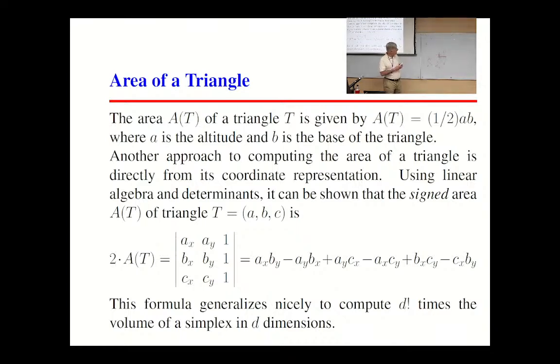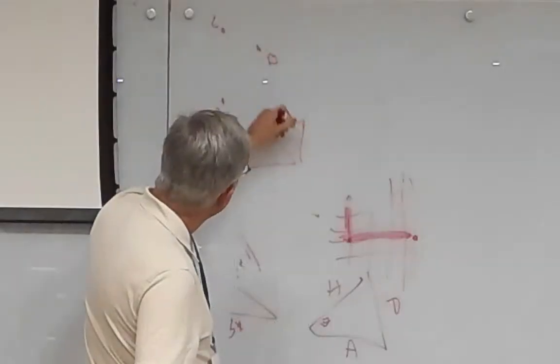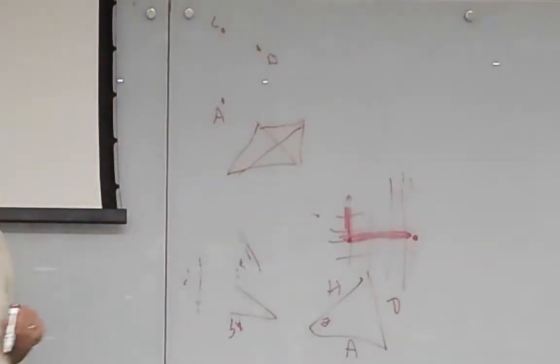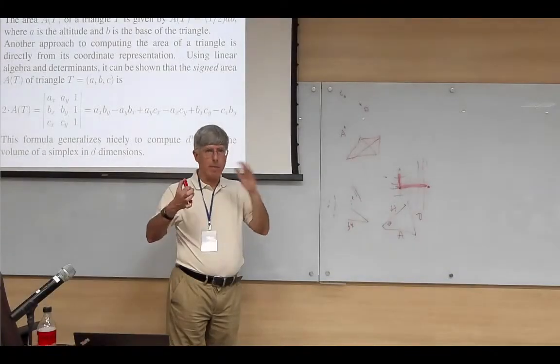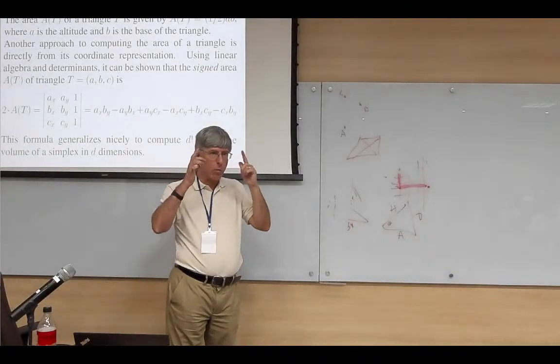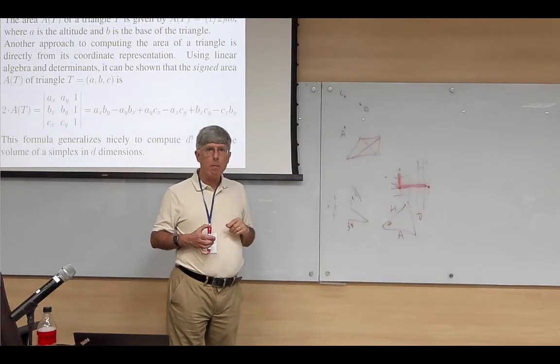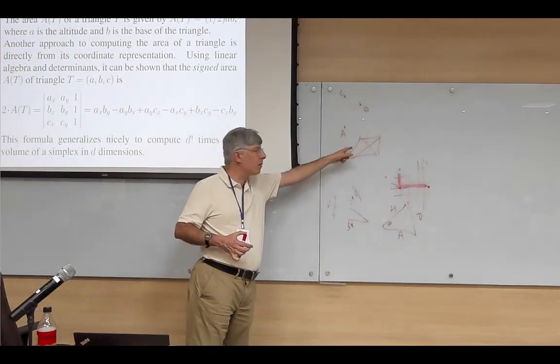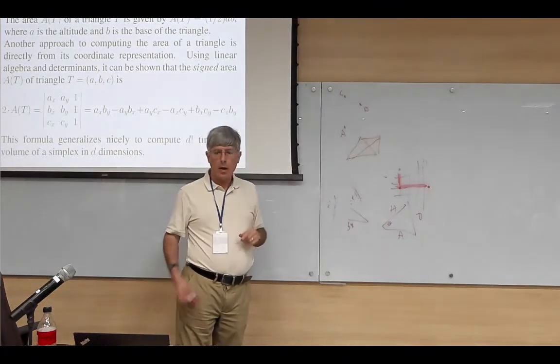The simplest thing you can build in 2 dimensions is a triangle. The simplest thing you can build in 3 dimensions is a tetrahedron. The simplest thing you can build in 4 dimensions is a 4-simplex, whatever that means. I can't see very well in high dimensions. But it should be clear that there is going to be a generalization of this.